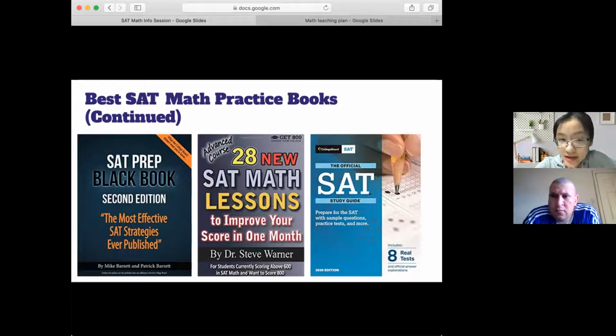And the last book pictured here is the official SAT study guide. So this book includes 8 real SAT tests. So it gives you a full rounded idea of how the SAT would actually look like. So it has all the formats and all the questions that you would find on the real SAT, which can help you prepare the best for the test.